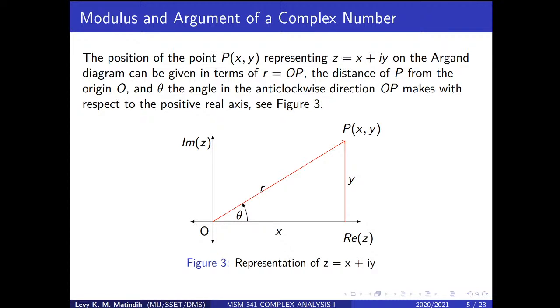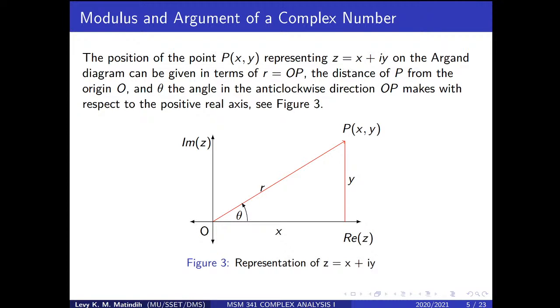The length from the origin to where the point P is, we have given as R. Along the real axis the distance is X, and along the imaginary axis the length is Y. Under Pythagoras theorem, the square of the hypotenuse is equal to the sum of the squares of the other two sides. So the square of R is equal to the square of X plus the square of Y.